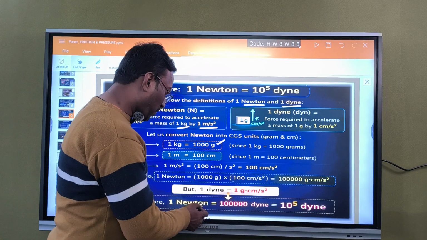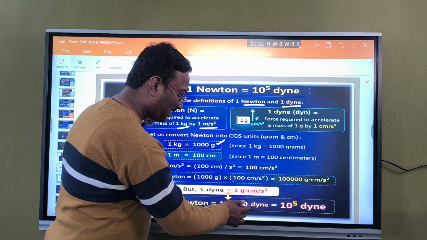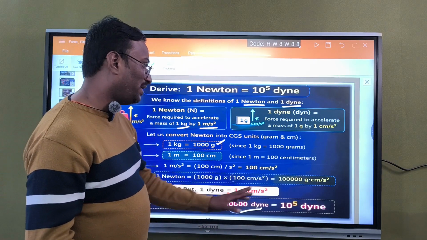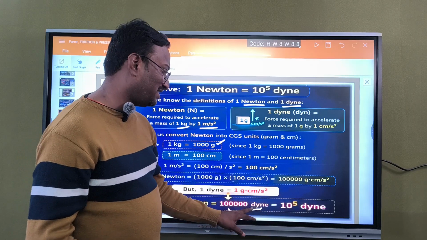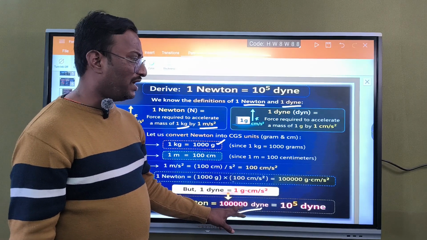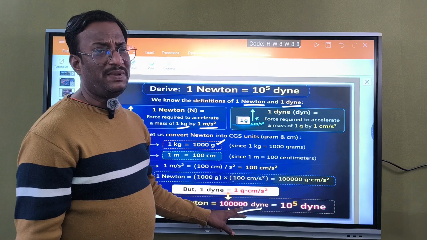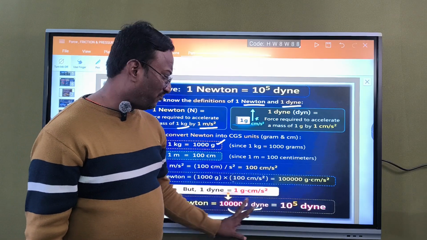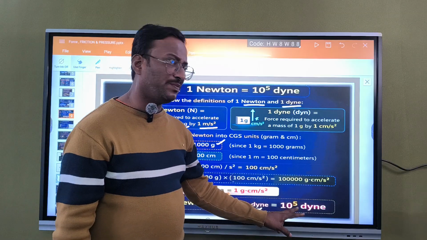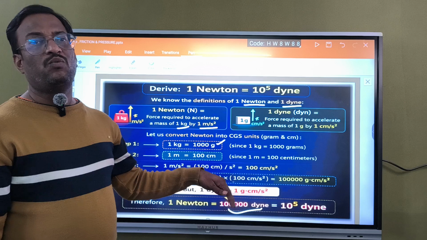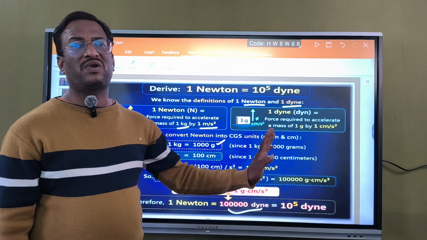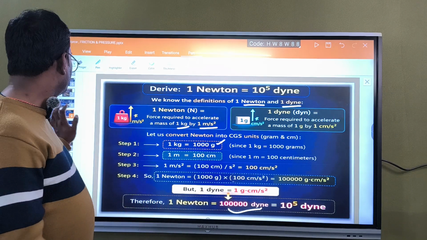So 1 Newton is equal to 1 lakh dyne. 1 lakh can be written as 10 to the power of 5. So what is the relation between Newton and dyne? 1 Newton is equal to 10 to the power of 5 dynes. Keep it in mind.